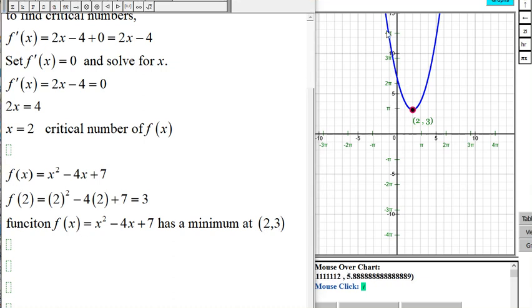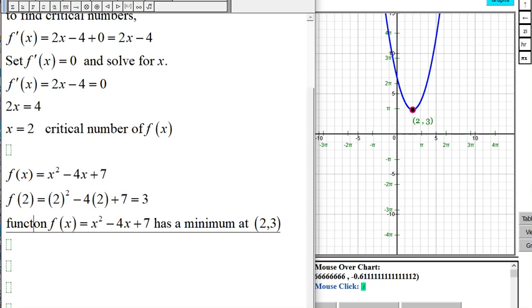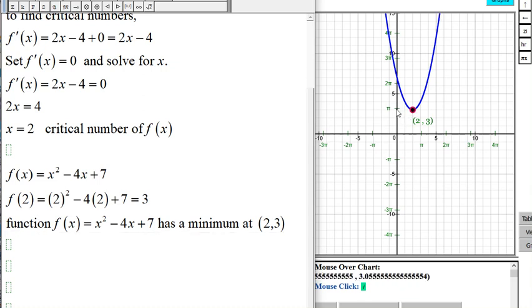And then also from the graph we can see that the function has no maximum, because this function will go infinitely up, but it stops right here at 3. And so when y is 3, that's the lowest.